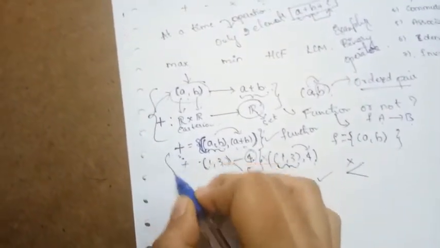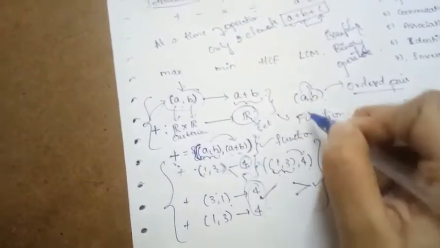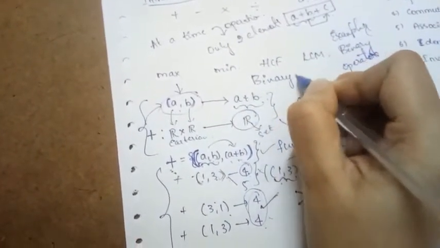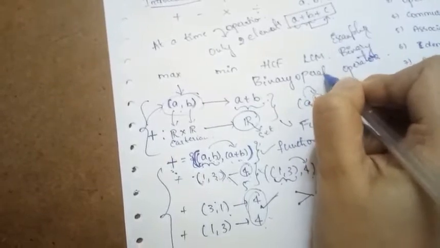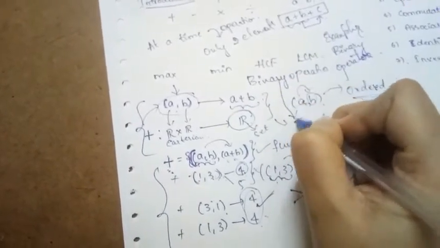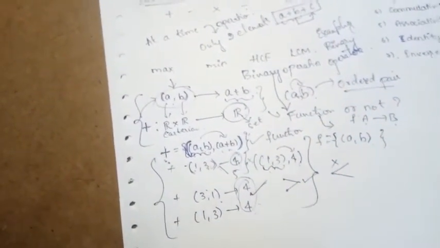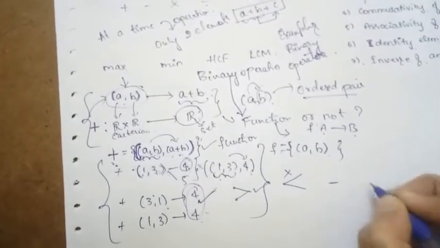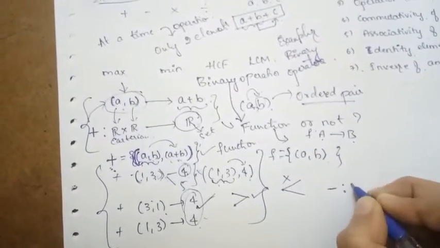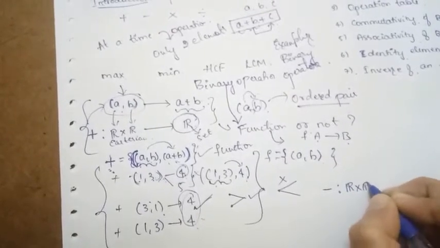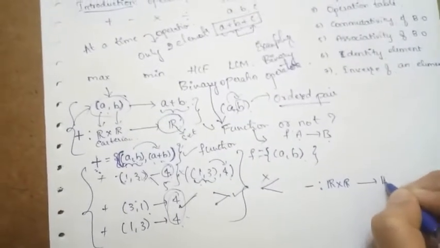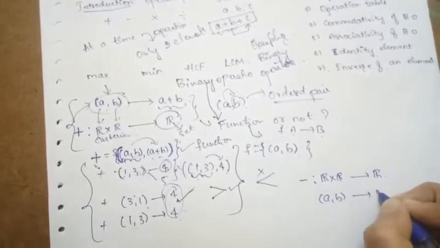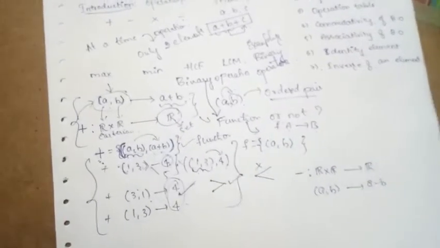So this is the information where we are saying that a binary operation is a function. Suppose I take the operator minus; how will it be? It will be from R cross R to the set R, such that (a, b) maps to a minus b.